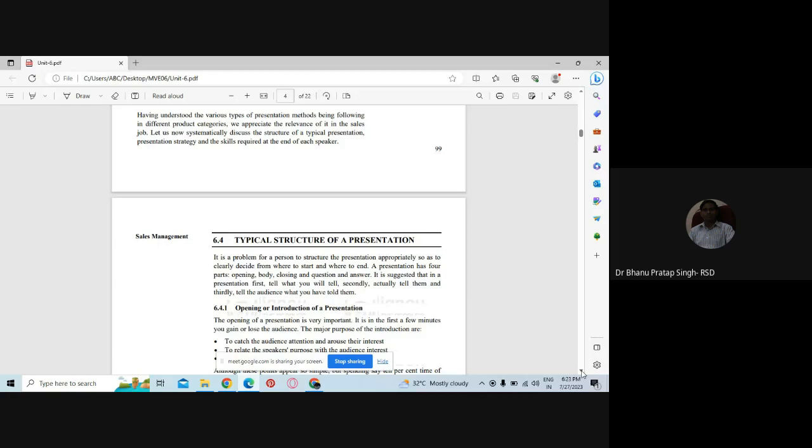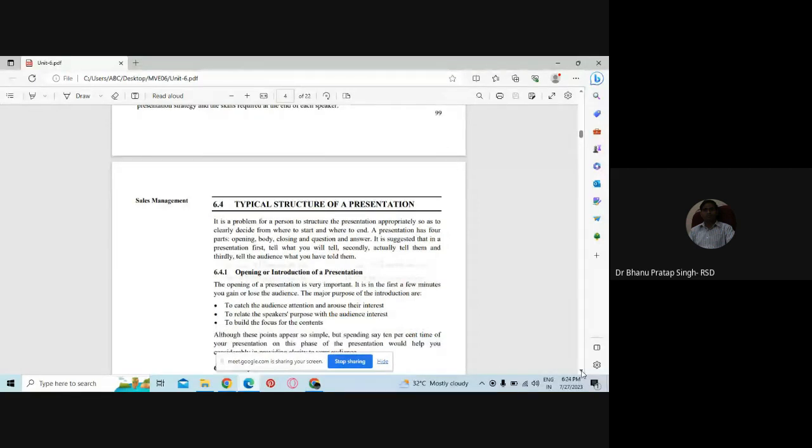It is a proper format. The first part is the opening or introduction of the presentation, in which the salesman has to describe the basic information about the product, the service, the objectives, and their goals.